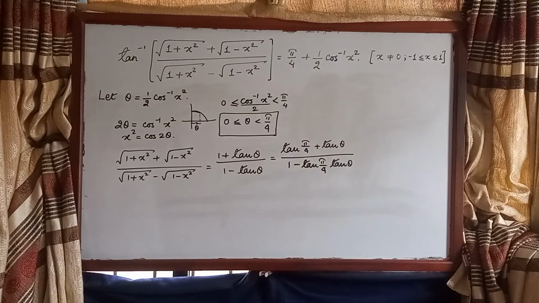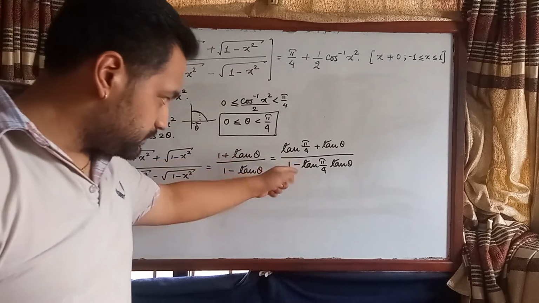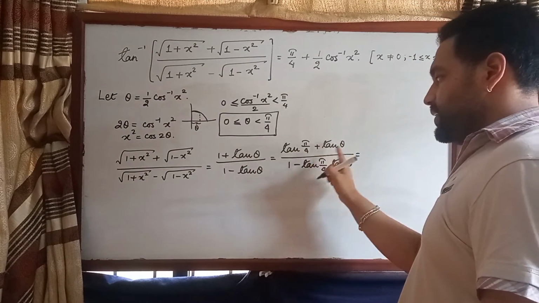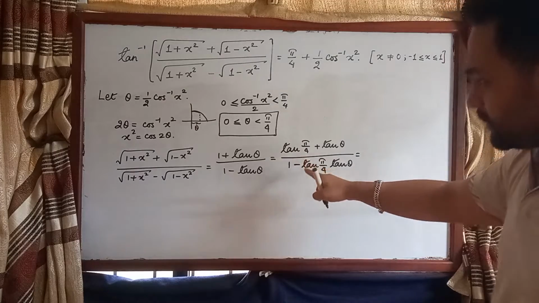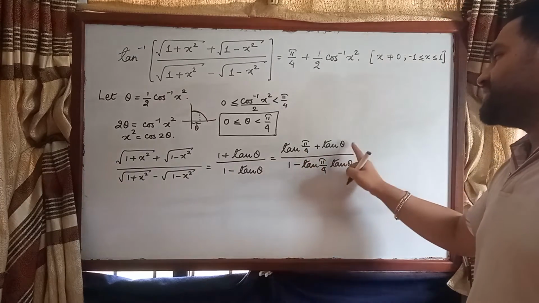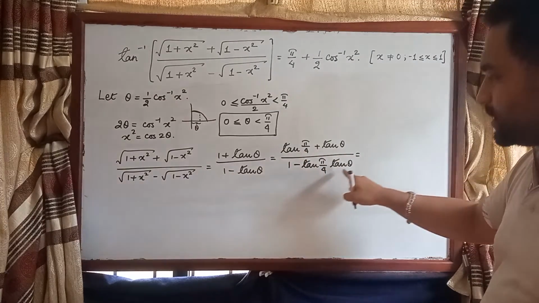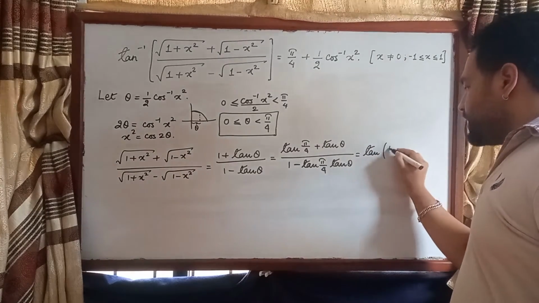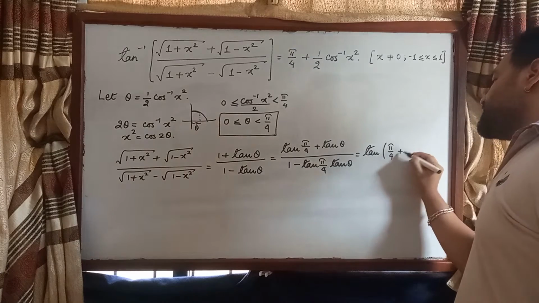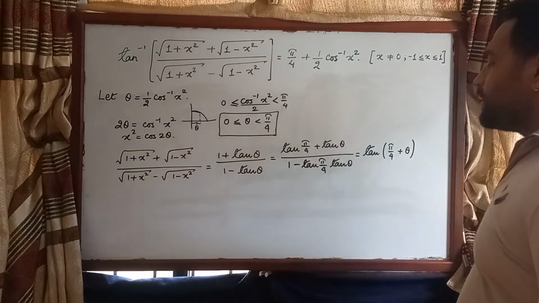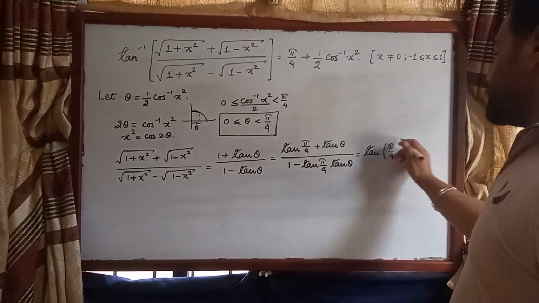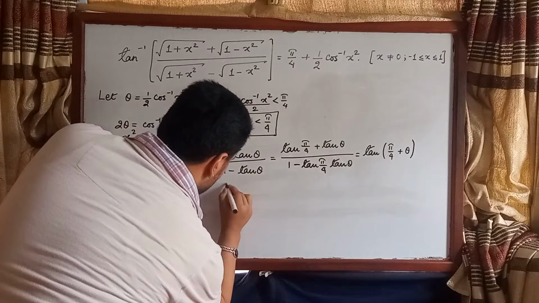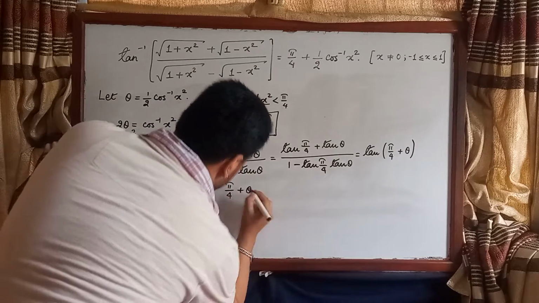Now tan of A plus B is equal to tan A plus tan B over 1 minus tan A tan B. So this is equal to tan of A plus B. Now let's look at this thing, pi over 4 plus theta.